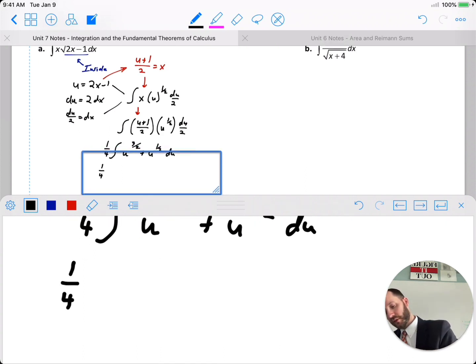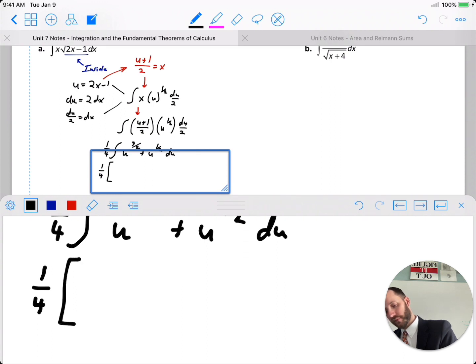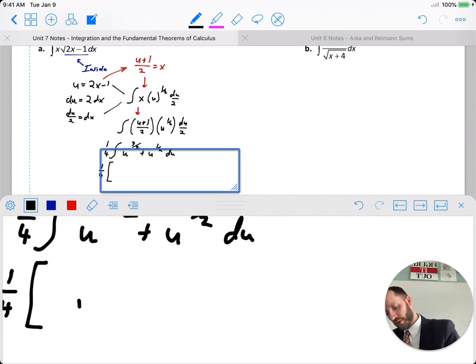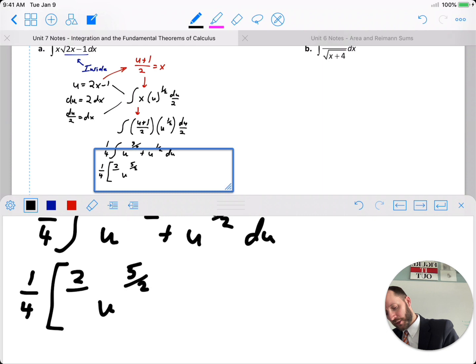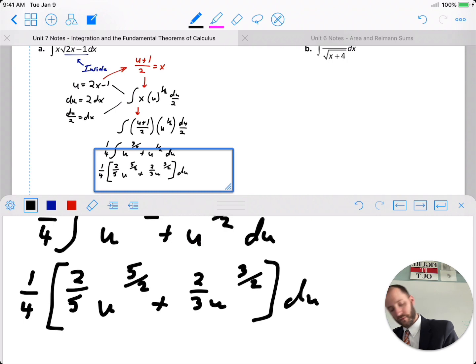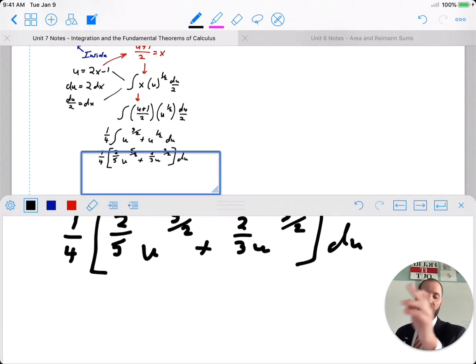So 1/4. So u to the 3/2 becomes u to the 5/2, and divide by a new exponent, so 2/5, plus 2/3 u to the 3/2. So distribute the 1/4 in, resubstitute the u values. So 1/4 times 2/5, 2 over 20 or 1/10.